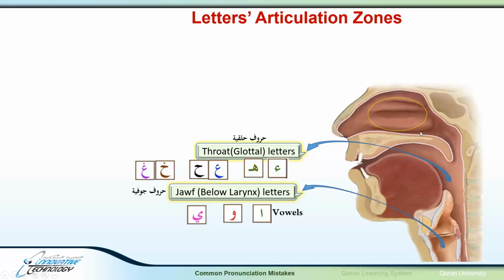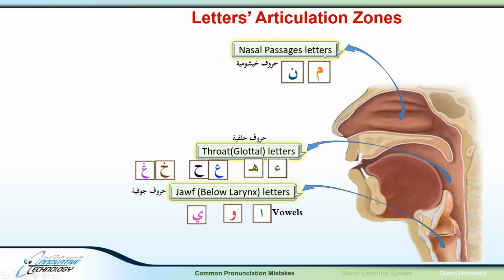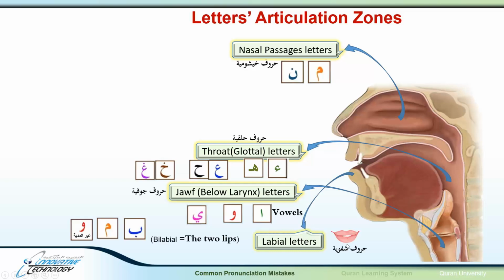The third group is al-huruf al-khayshumiyya, or the nasal passages letters, which is basically the M and the N, which has actually dual articulation zones. Each one of the M and N has another articulation zone. Then the labial letters, and those are two categories, the bilabial and the labiodental, al-huruf al-shafawiyya.